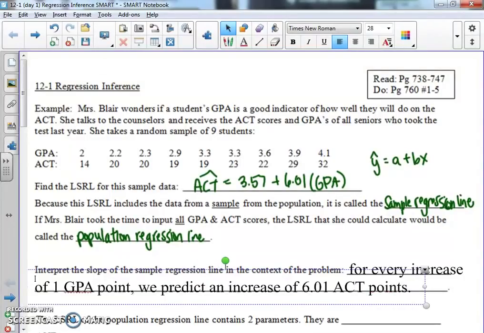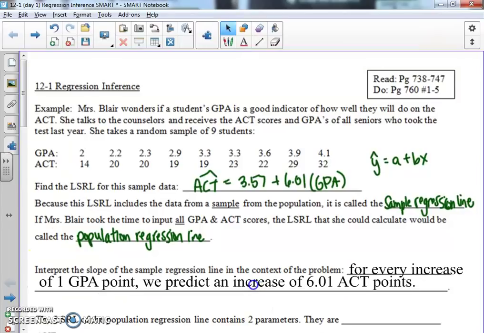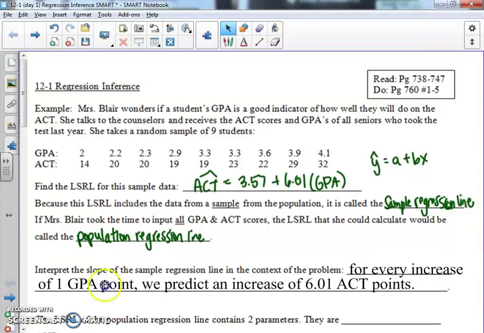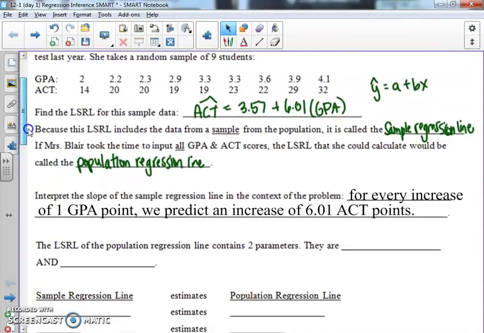So really, what I'm talking about now is stuff that we did way back at the beginning of the year. Okay, so I know it's been a while. So for every increase of 1 explanatory GPA point, we predict, that's an important word to say, an increase of 6.01 ACT points. And that's because 6.01 was the slope. But again, the sample is what's helping us predict this.